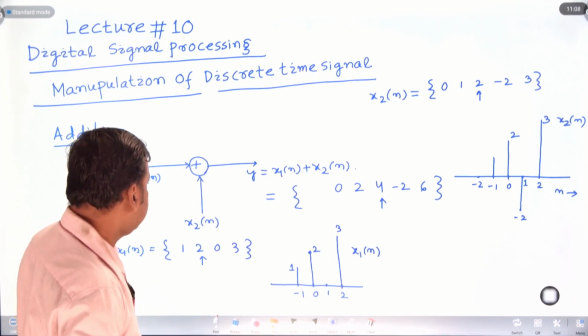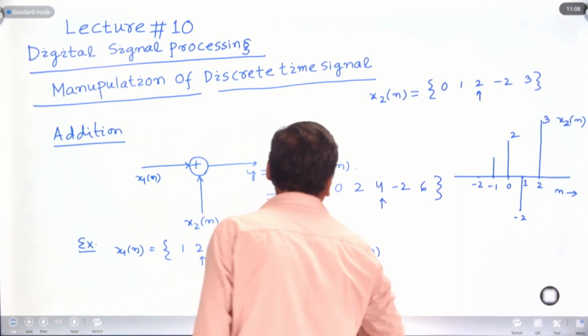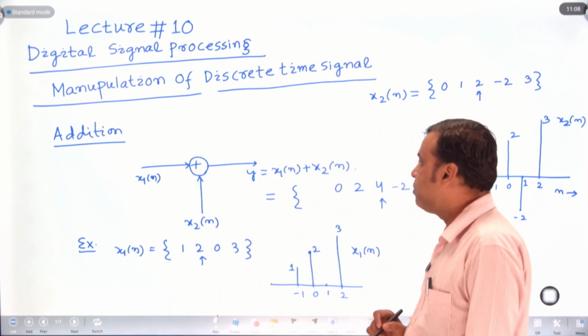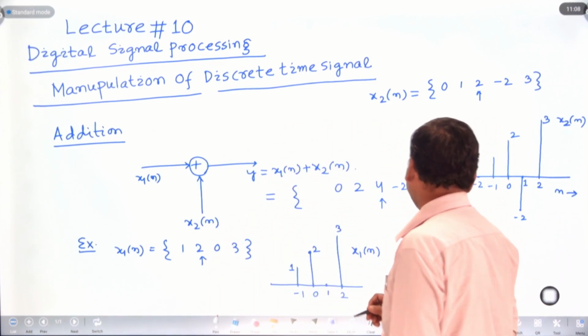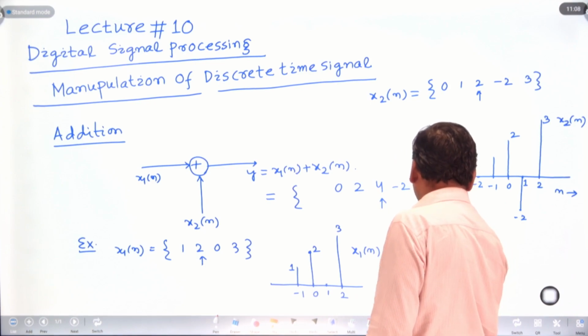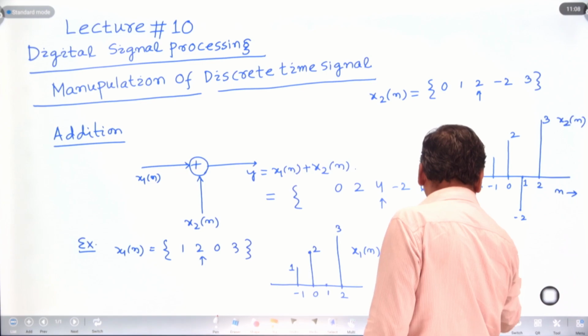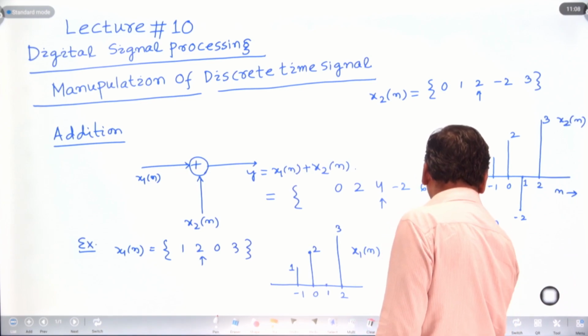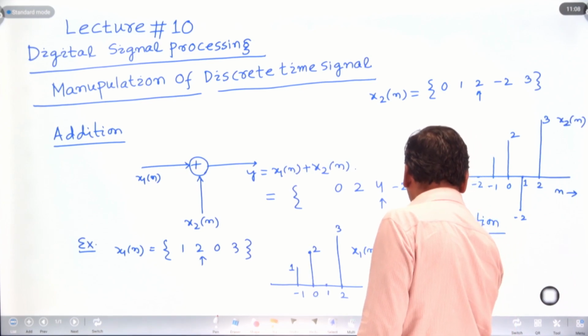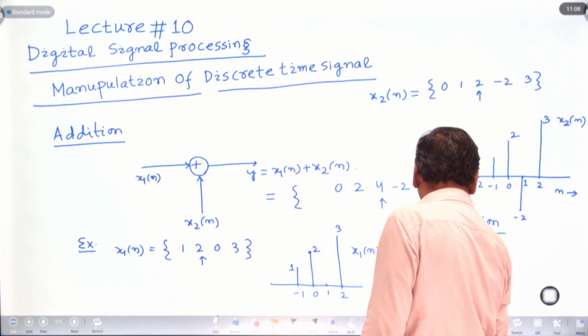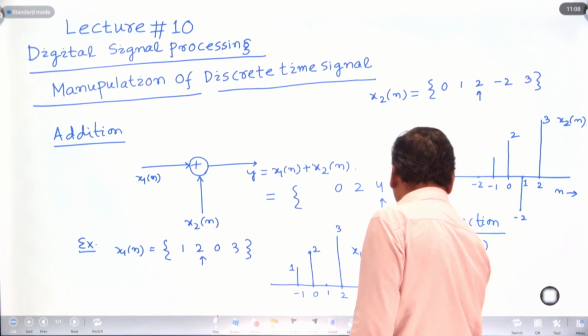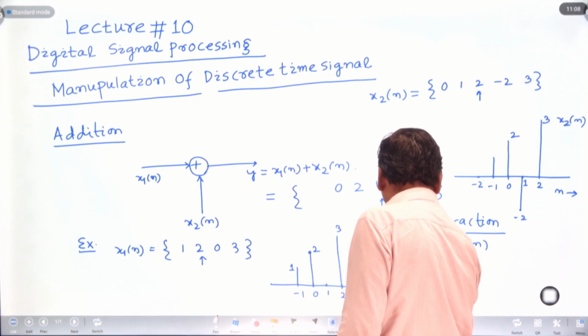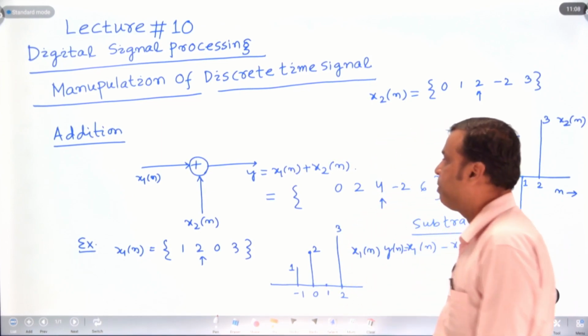Similarly, if you subtract two discrete signals, in the subtraction operation it is exactly the same thing. Suppose y of n equals x1 of n minus x2 of n.